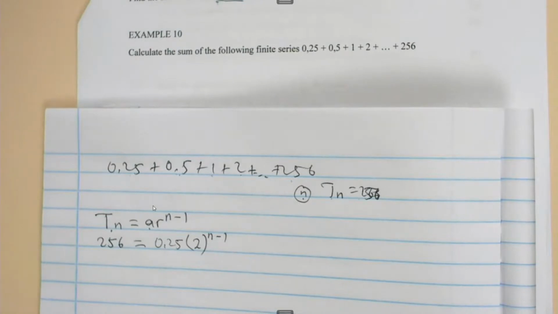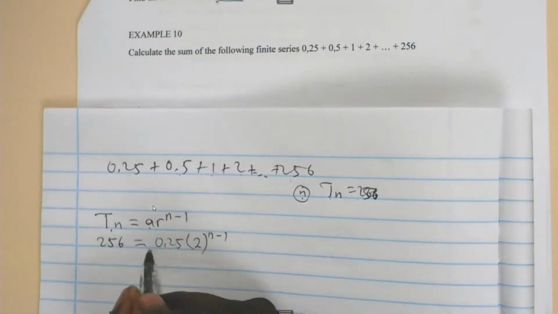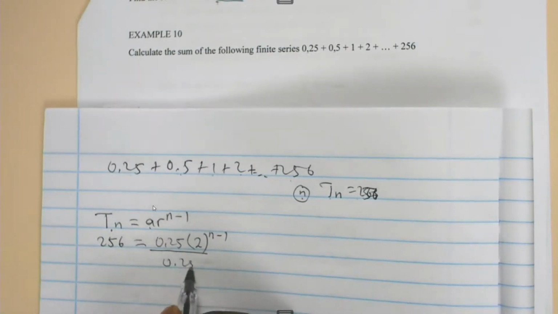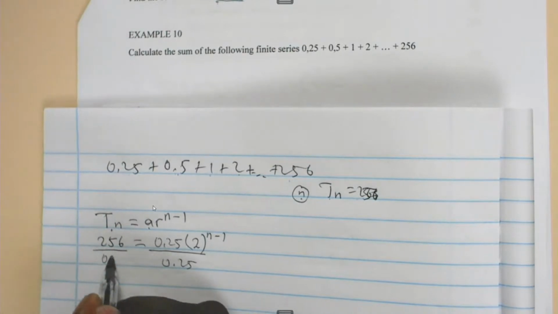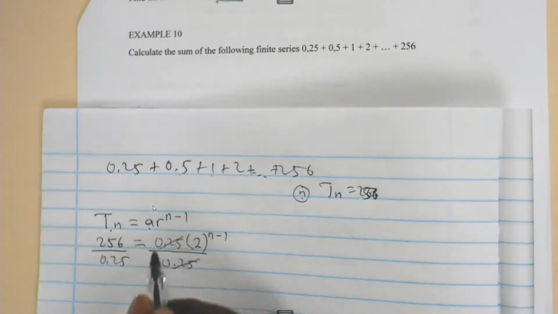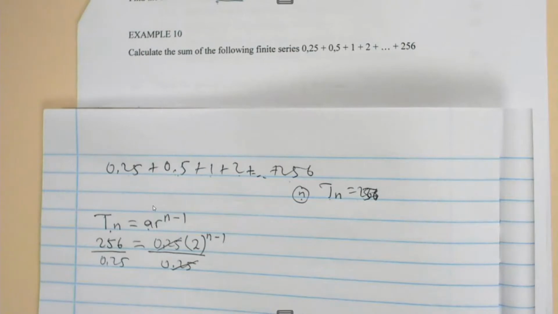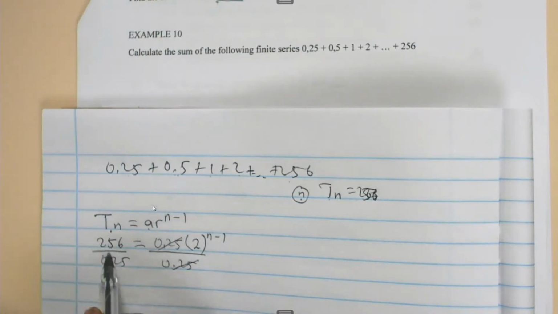Now, solve for n. Remember the golden rule here. You are not supposed to multiply 0,25 by positive 2, but rather divide both sides by 0,25. 0,25 cancels 0,25, and then we have 256 divided by 0,25, which gives us 1024.